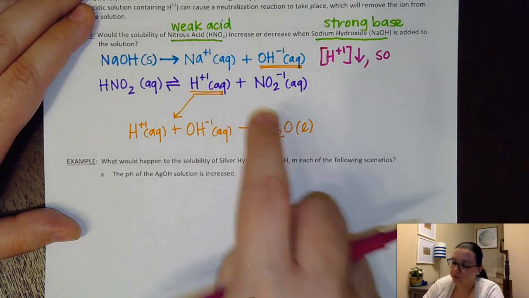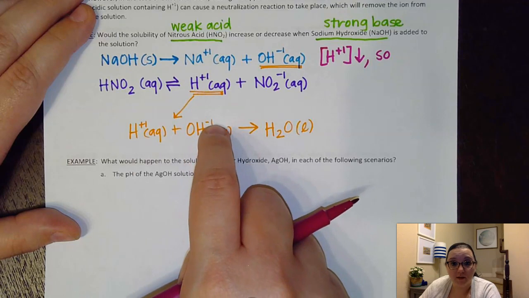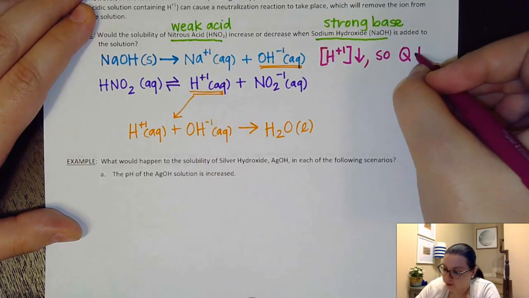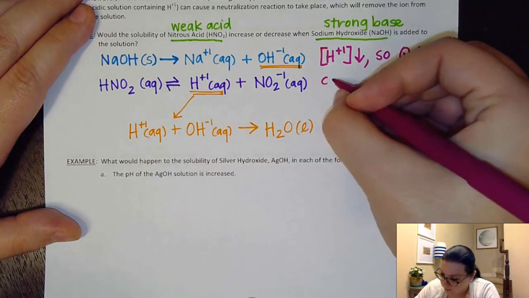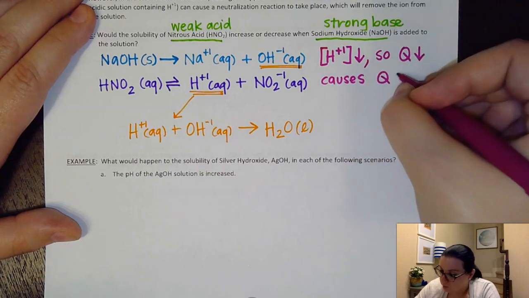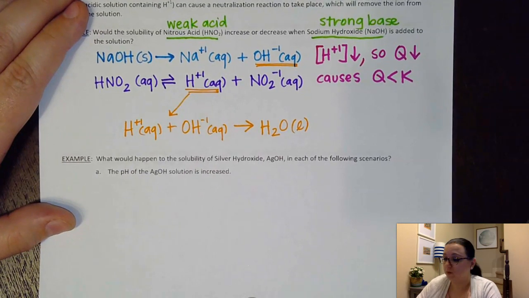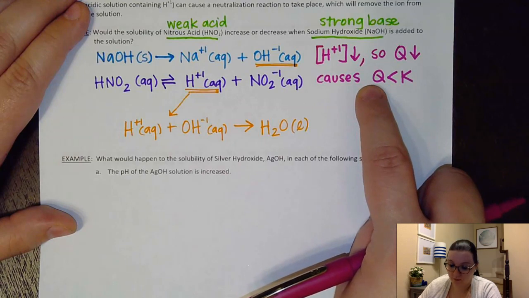Because I'm doing that, I'm effectively removing a product, which will cause my Q to decrease. Now, what that will cause is the Q to be less than the K, which is obviously a problem because now we're not at equilibrium anymore. At equilibrium, those two should be equal to each other, but now the Q is too small.